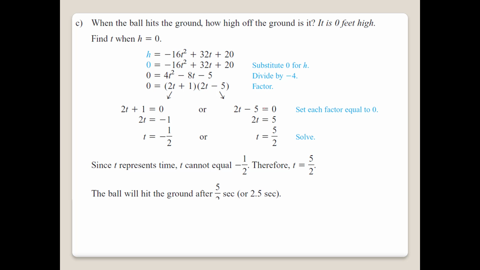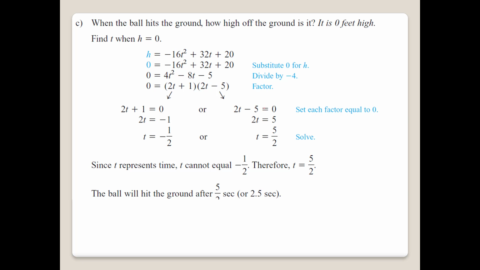As we did previously, all those numbers, negative 16, positive 32, and 20, are divisible by 4. Let's get rid of the negative on our t squared as well, so divide by negative 4.